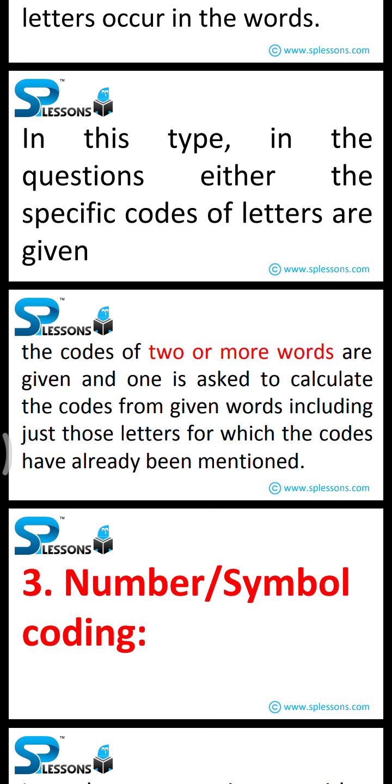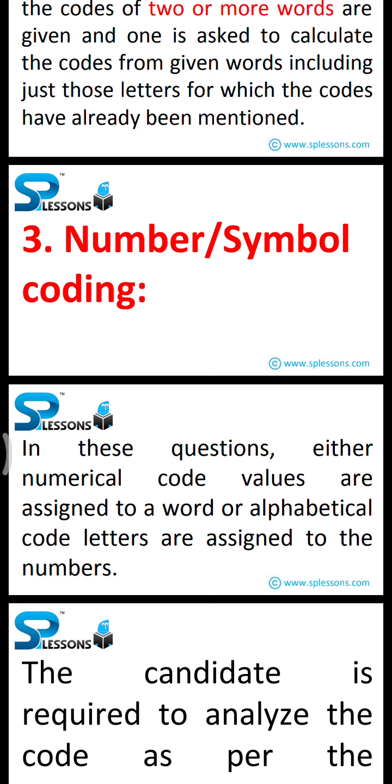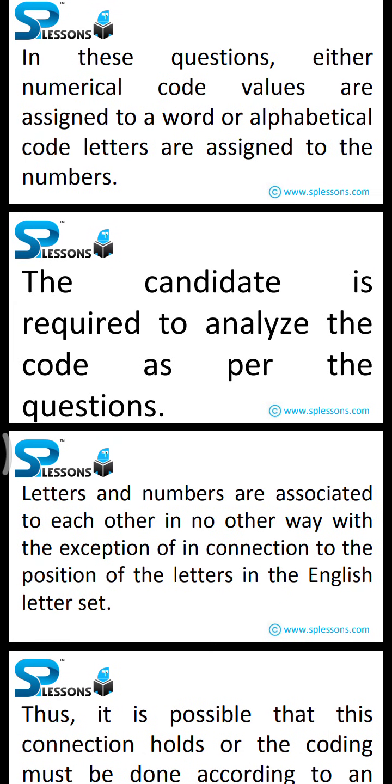Third one, number or symbol coding. In these questions, either numerical code values are assigned to a word or alphabetical code letters are assigned to the numbers. The candidate is required to analyze the code as per the questions.